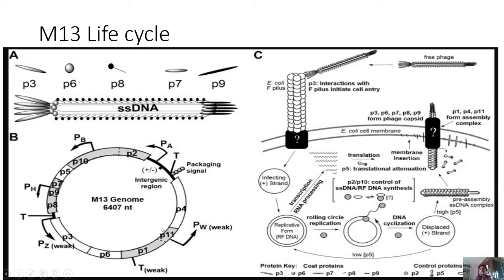The selectable marker helps us trace the presence of the vector, or the movement of the vector, in various progenies. So, a cloning vector requires an origin of replication, a multiple cloning site, a selectable marker, and so on.